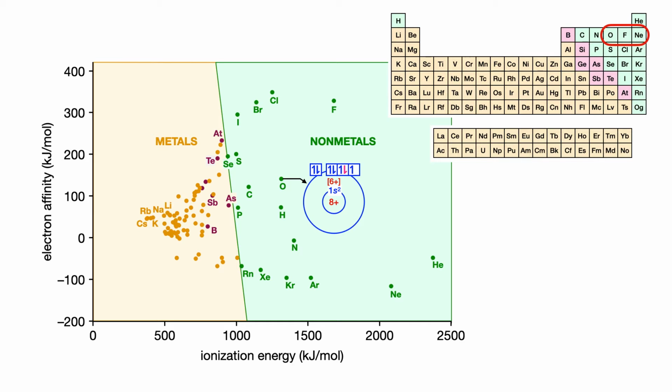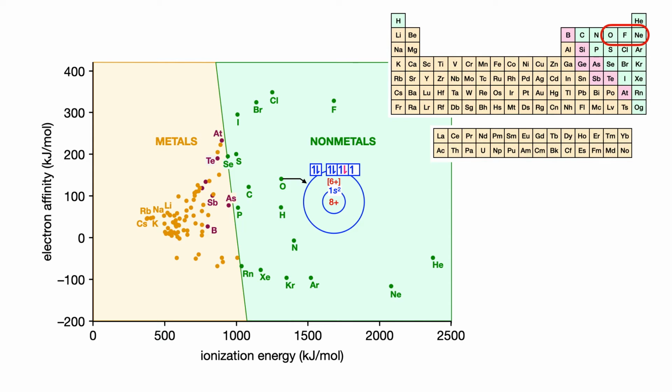Now, this new electron that comes in, there is a trade-off. It's attracted by the effective 6 plus toward the nucleus. It's also being repelled by the 6 valence electrons that it has to share the atom with.